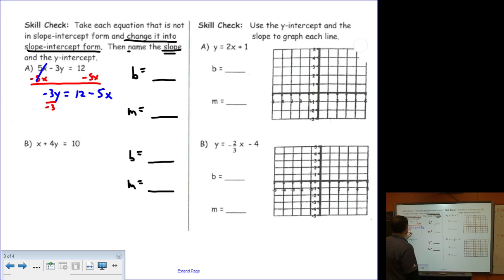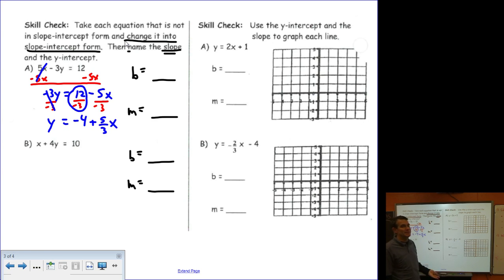The next thing I'm doing is I'm dividing by -3. That gets me the y by itself. 12 divided by -3 is -4. And -5 divided by -3 is a positive 5/3 x.